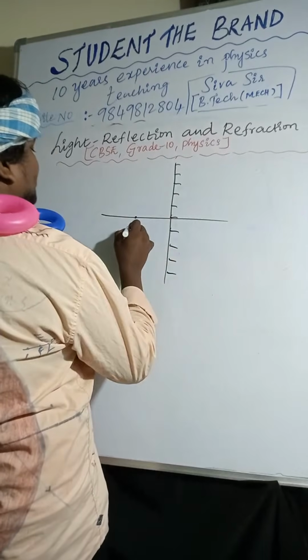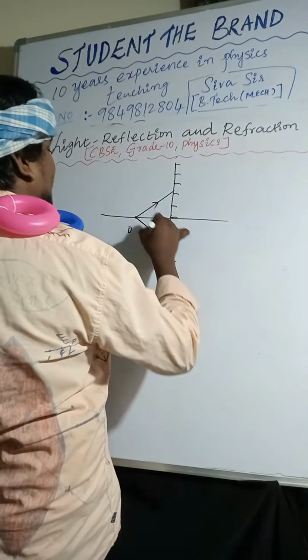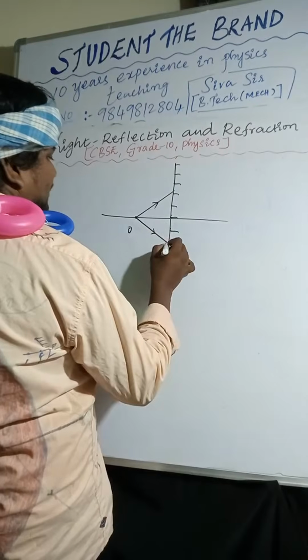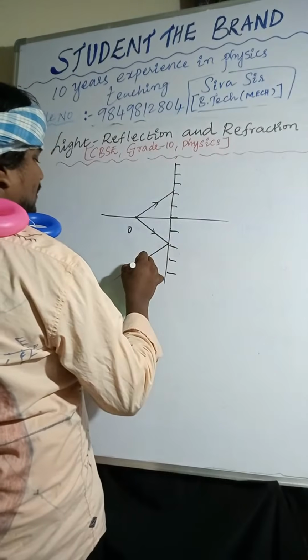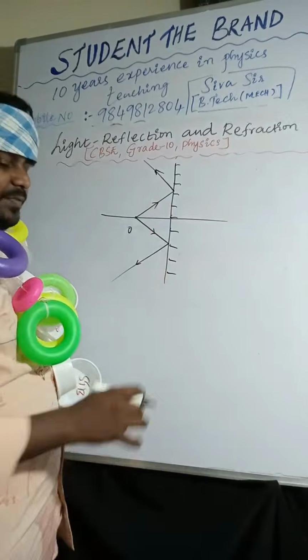This is the object. Light rays are coming from here. These are the reflected light rays.